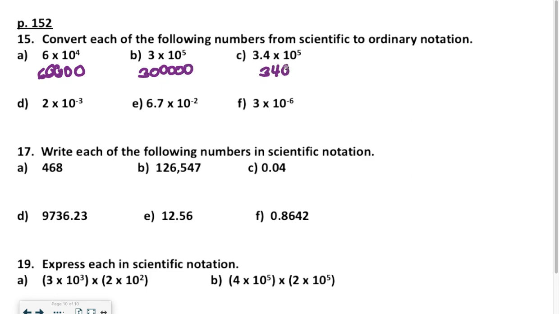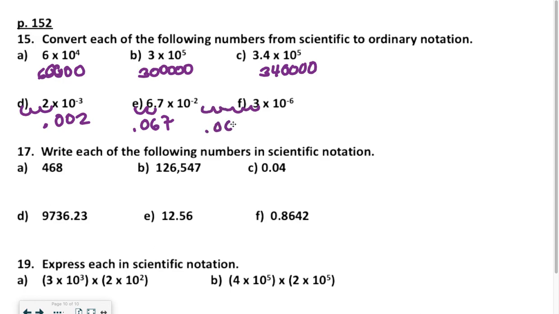So 1, 2, 3, 4, 5. 3 to the left. 2 to the left. And 6 to the left. So 1, 2, 3, 4, 5, 6.